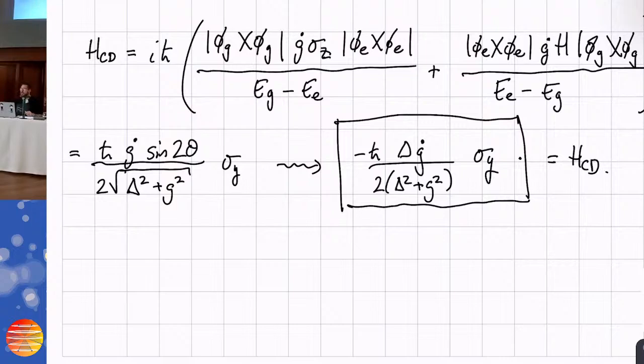If I'm ramping that system and I do nothing else, I just linearly ramp or do whatever ramp I want, I'll get excitations. If I started in the ground state, the finiteness of the ramp, the adiabatic theorem tells me I'll get some excitations. The counter-diabatic term is telling me that in order to perfectly suppress those, to get rid of any non-adiabatic transitions, I simply have to apply another field in the y direction.